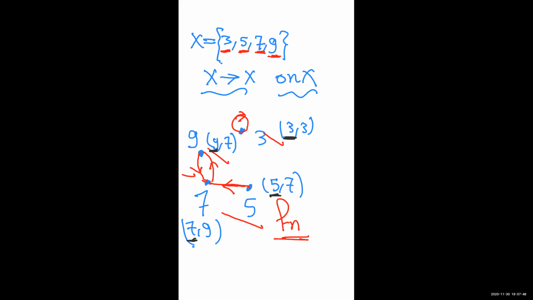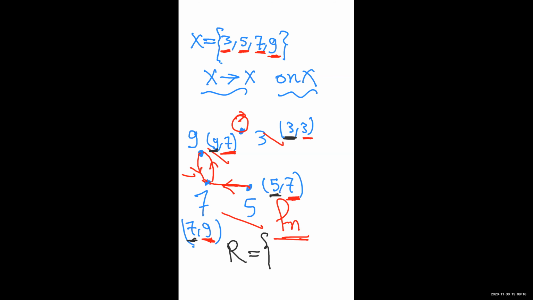We want to get the range. The range will equal, we said that it's the images on Y. So the range will be the second projection of the ordered pairs. Like first here, 7, 3, 3 and 9, 9 and 7, but we will never repeat elements on the range.